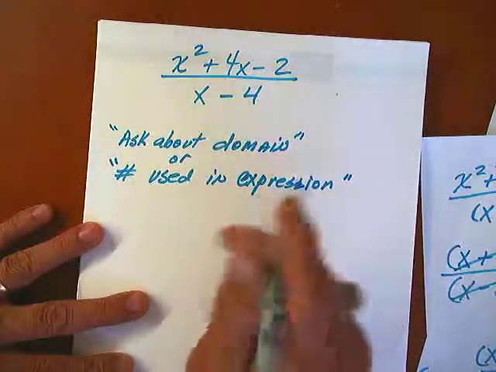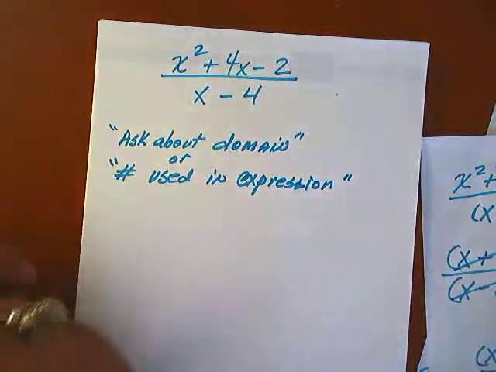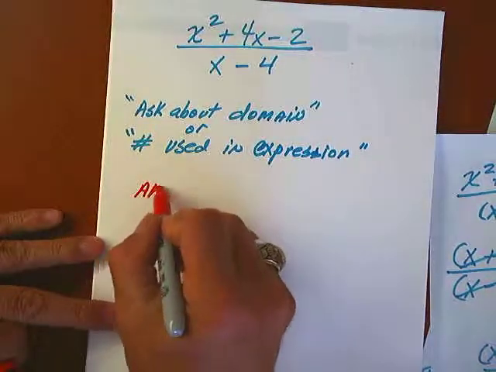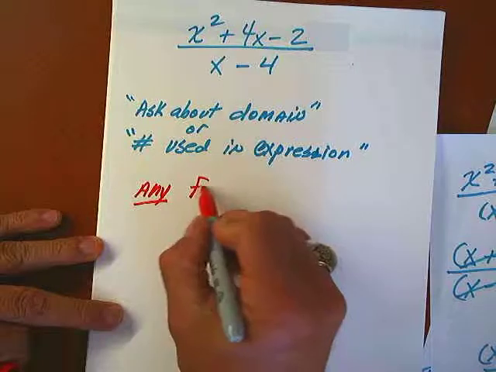Some type of directions will be something about what numbers can you use in the expression, or what is the domain of the expression.